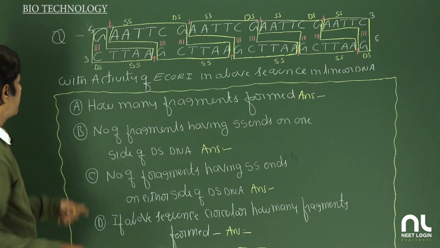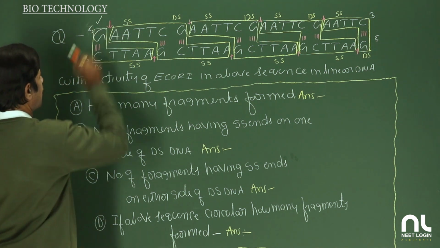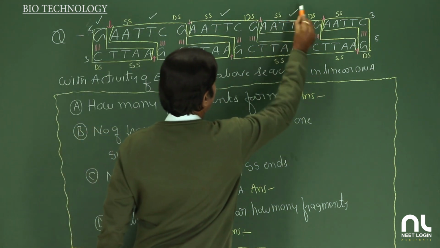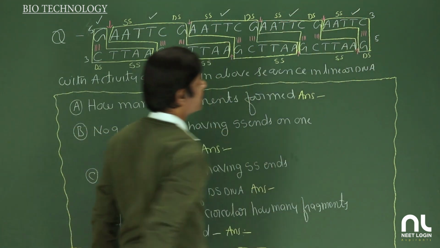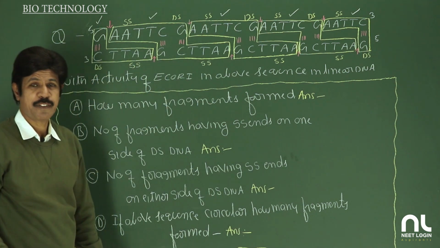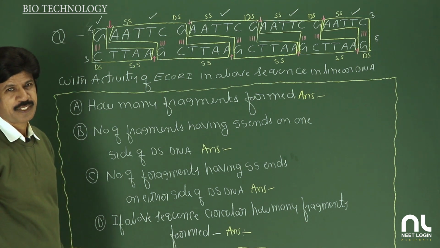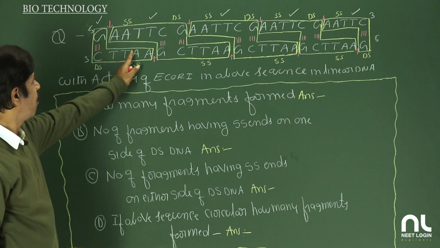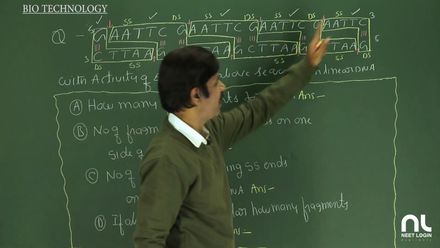So your number of fragments: 1, 2, 3, 4, 5. Number of cleavage points is 4, number of fragments is 5. It breaks at 4 points, and the number of fragments we got: 1, 2, 3, 4, 5.